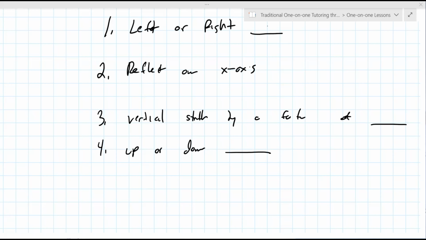What is that one word on number 3? Vertical stretch by a factor of. Got it. Okay.